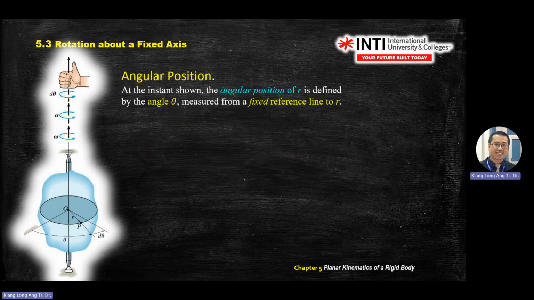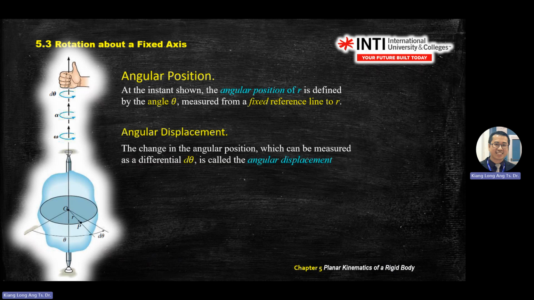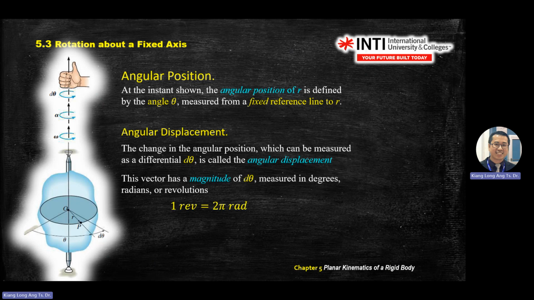Okay, the rest I'll just go very fast. As long as it's in 3D and you see R, all these things. So for angular position, we look at the changes of angle. Angular displacement is a change of angle, d theta. And you know how to find the magnitude.